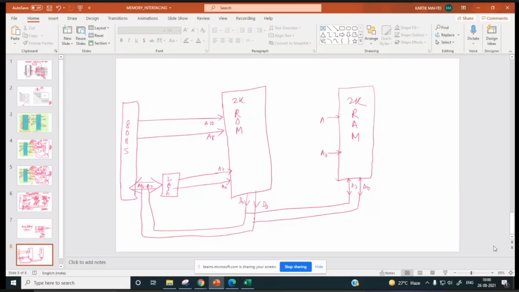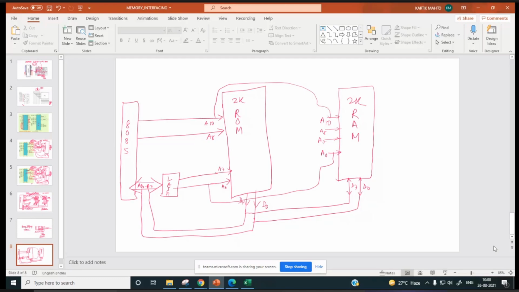This A0 will go over here and this A10 will come over here. A8 will also come, and A7 will also come.